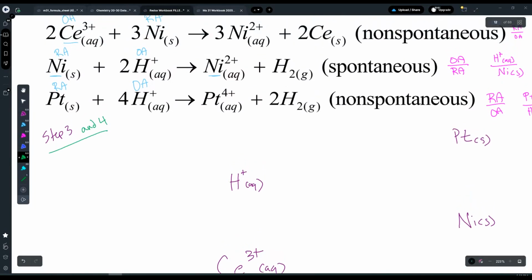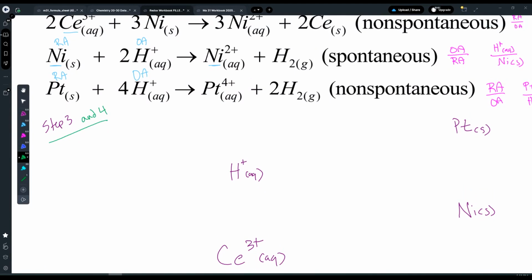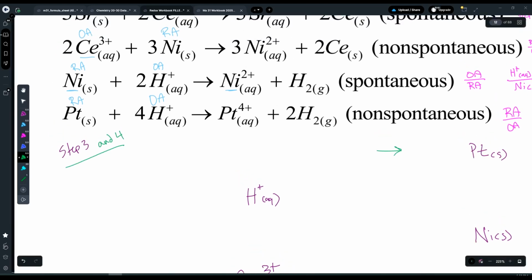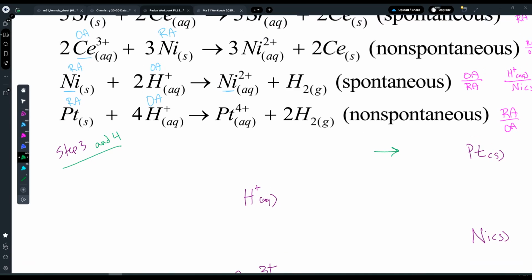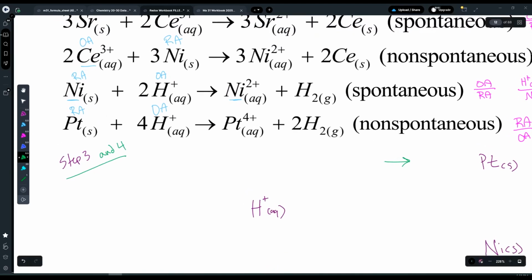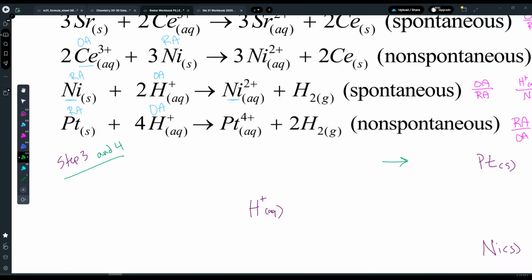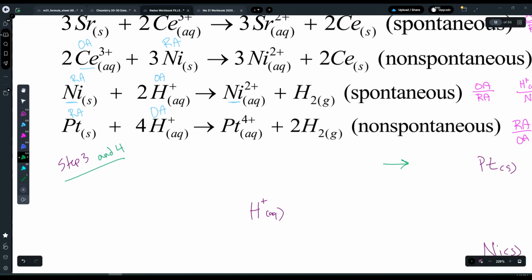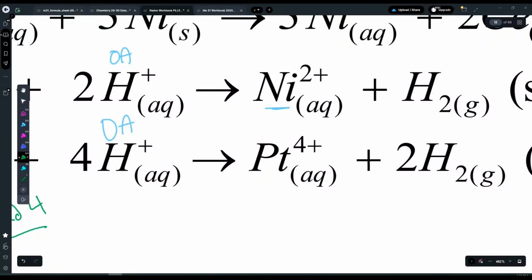Okay, so let's start with the platinum reaction here. Okay, so I'm going to put my reaction arrow right here. Okay, we know our RA was platinum solid, but in order to figure out what the oxidizing agent is for this platinum half reaction, you got to go to the products here, and you got to use what's in the reactions that are given to you.